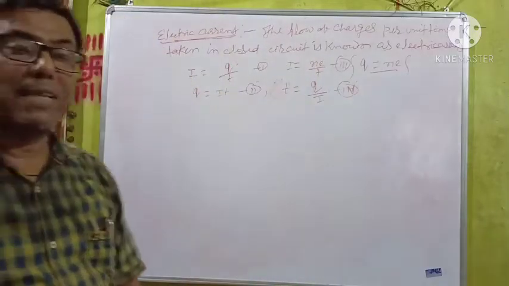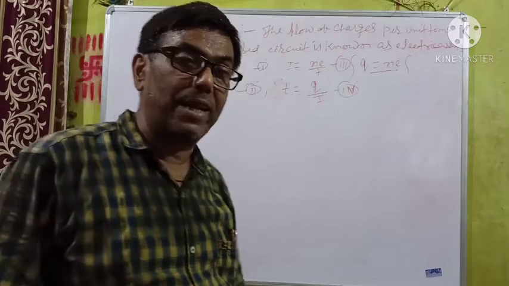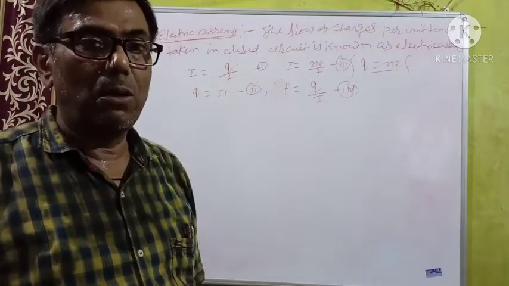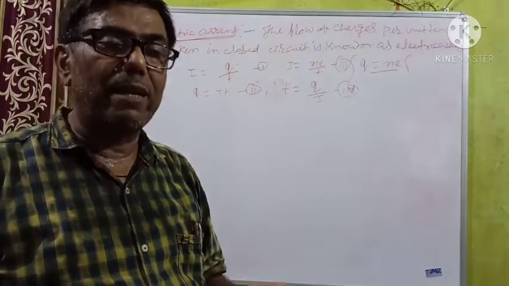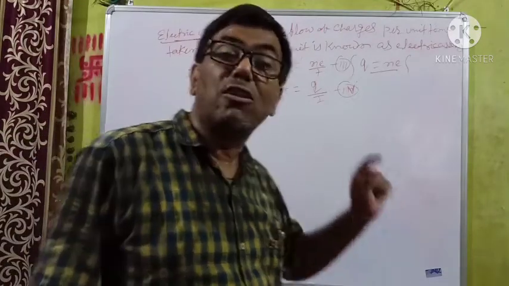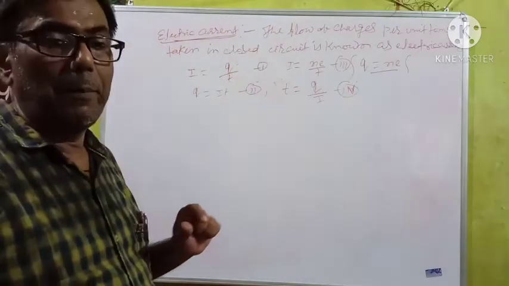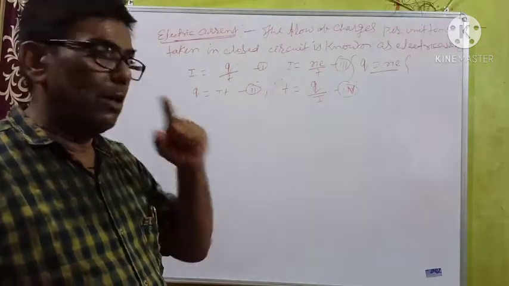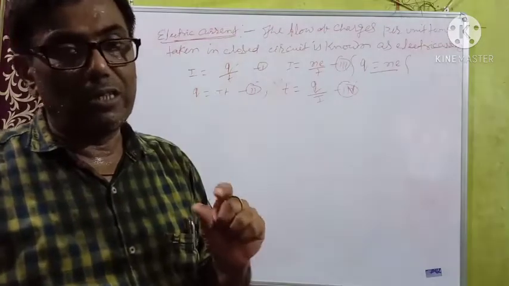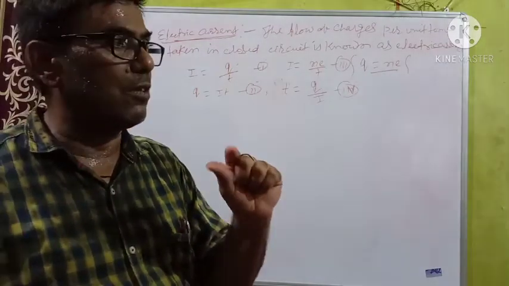So flow of charges per unit time taken is known as electric current or moving current, which is also known as dynamic current because it has motion. Flow of charges means flow of electrons, because the positive charge, the proton, does not flow.